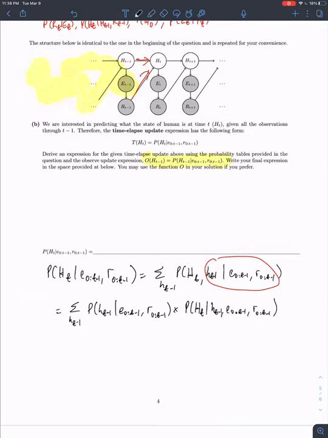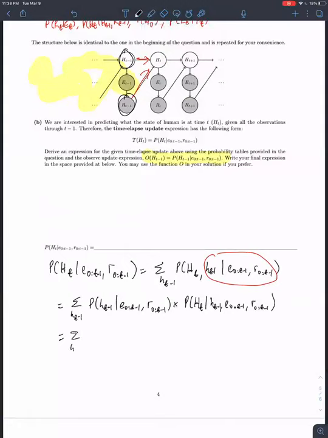This ht minus 1 and this rt minus 1 screen them off. So this first term is just O of h t minus 1. And the second term is just probability big H t given little h t minus 1, little r t minus 1. That's the only thing that mattered.